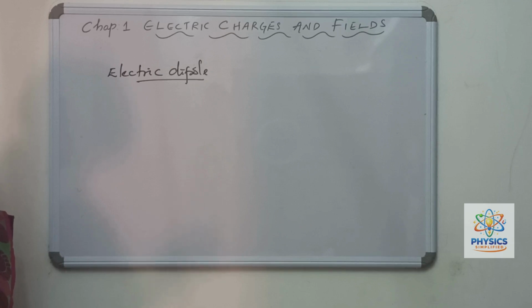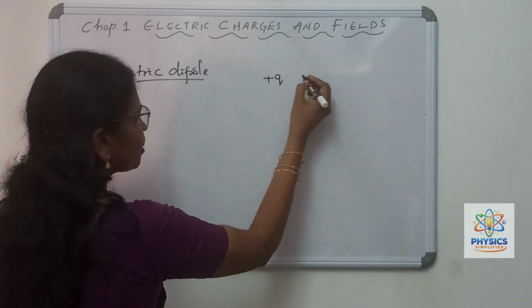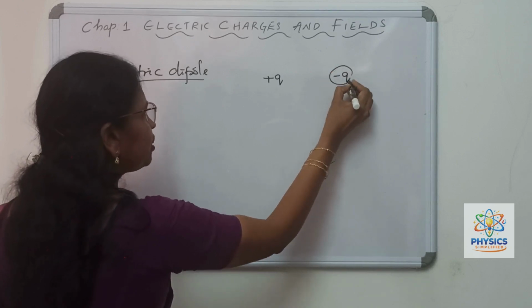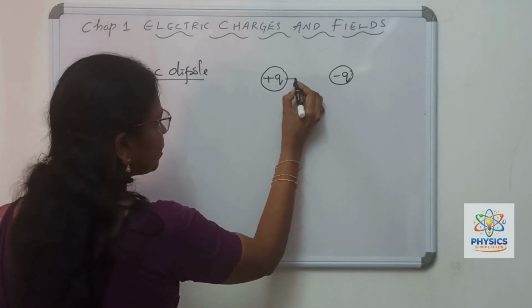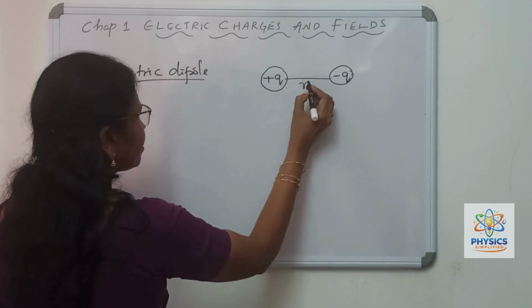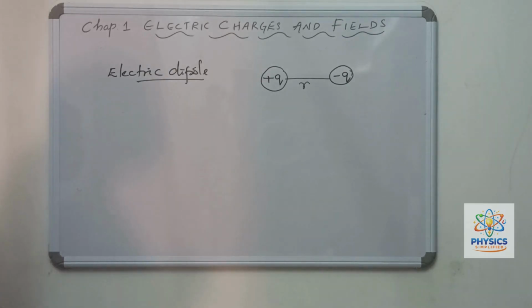So here one is positive charge plus Q and another one you can take minus Q. The two charges are the same in magnitude, but they are separated by a small vector distance. This is said to be an electric dipole.